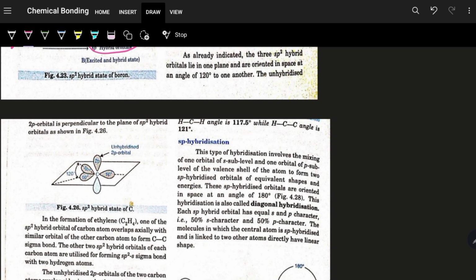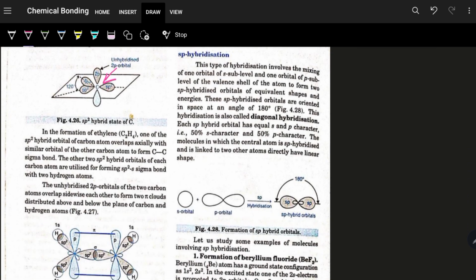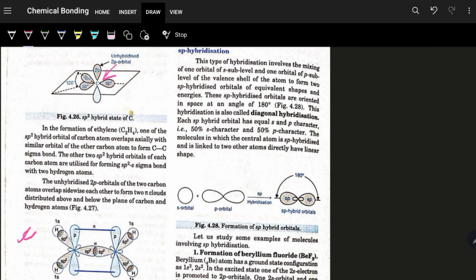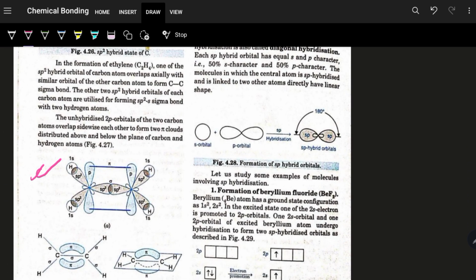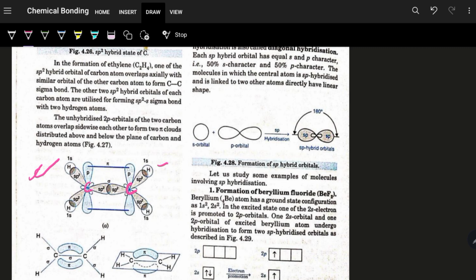So you can see the orbital picture. It is like this for one carbon. There is another carbon beside, in order to give you this type of orbital diagram. This is a carbon, this is also carbon, and here you have 2H each.